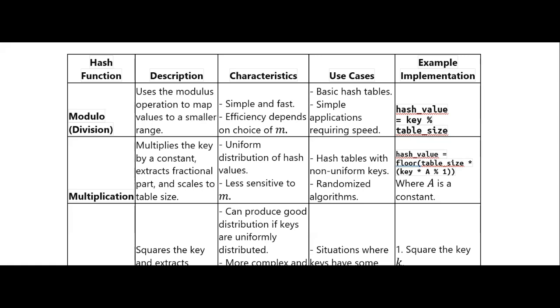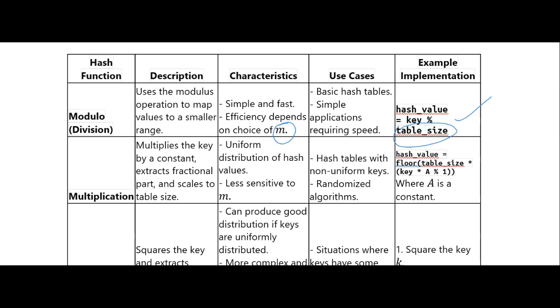As you can see here, we have the hash function given: the hash value is equal to key mod table size. The table size is considered to be m over here. So the efficiency depends on what table size we are choosing, and generally we choose a table size which is a prime number. It is used in basic hash tables, and for simple applications which require speed, we'll be using the modulus division.